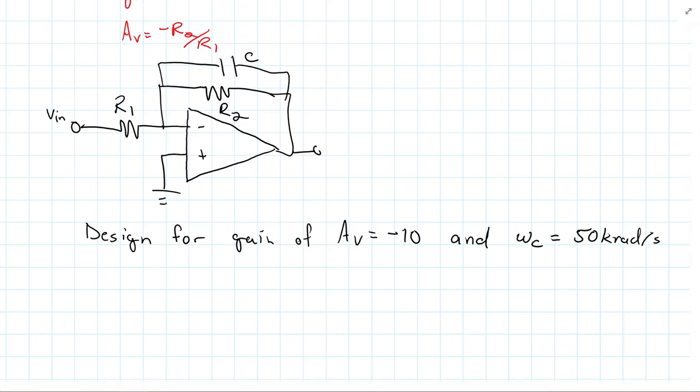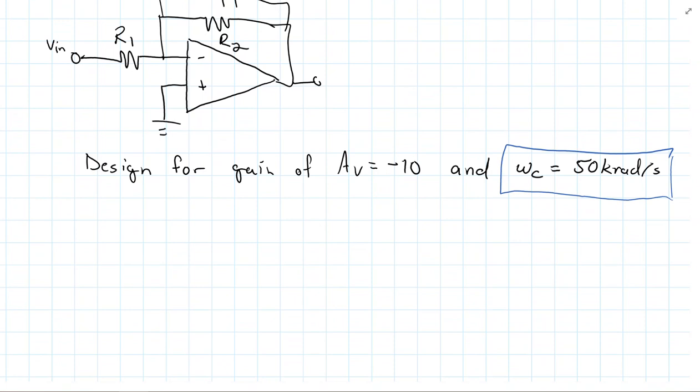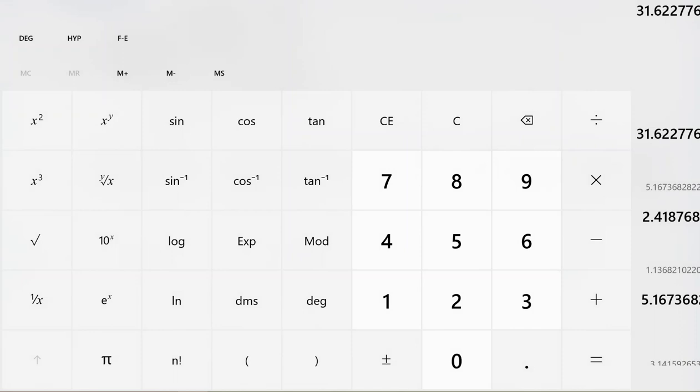So I'm going to design this just the same way I did with the low pass, in the sense that I'm going to first design for my cutoff frequency, because I want to get reasonable values for R2 and C. So designing for that, I would do the whole 1 divided by 50,000.